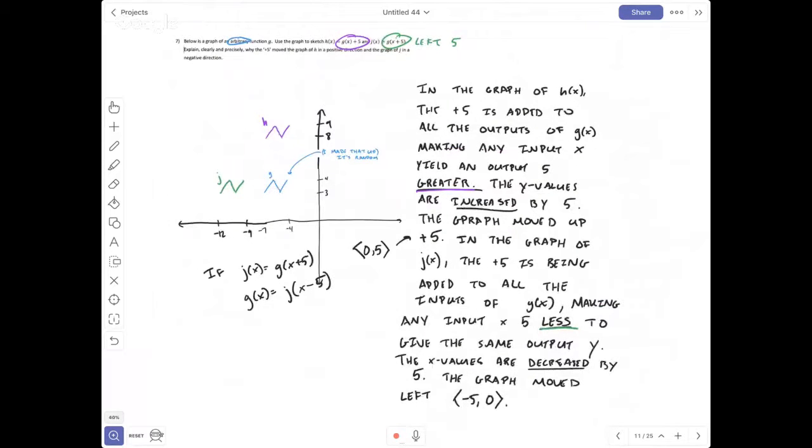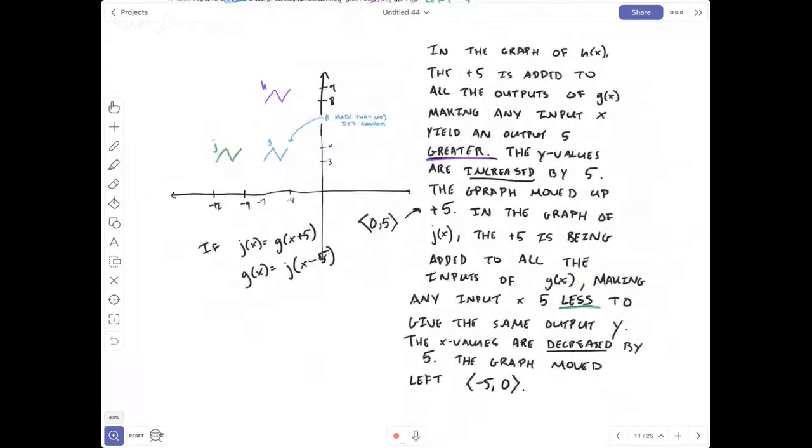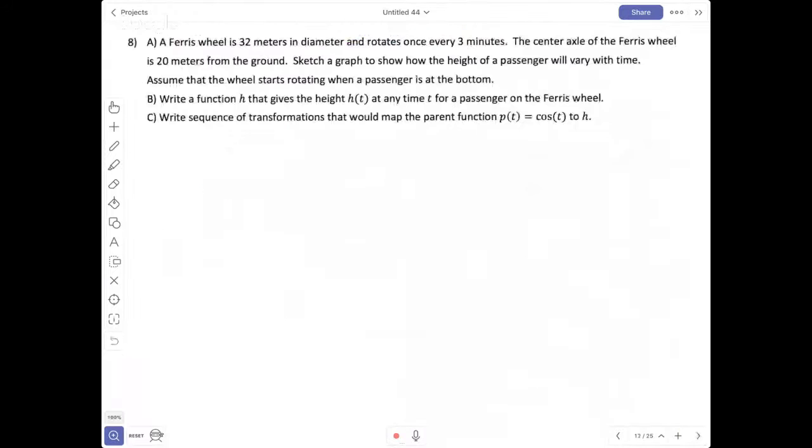Questions on number 7. Okay. Seeing none, onwards.